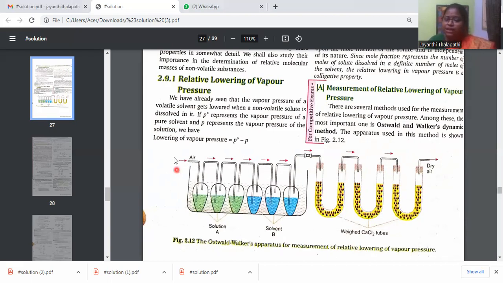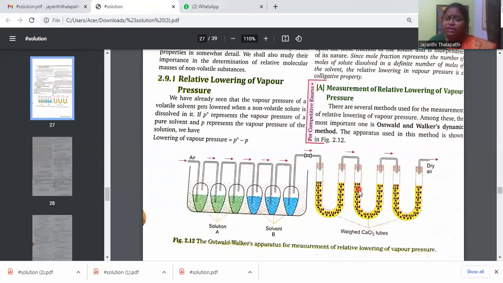When you pass air through this, the air absorbs vapor from solution A and reaches solvent B. There it takes up more vapor from solvent B and the air gets saturated, which means no more vapor can dissolve in it.